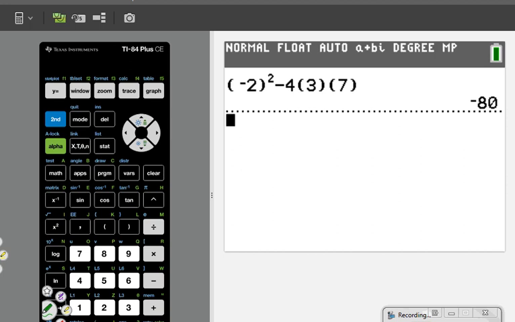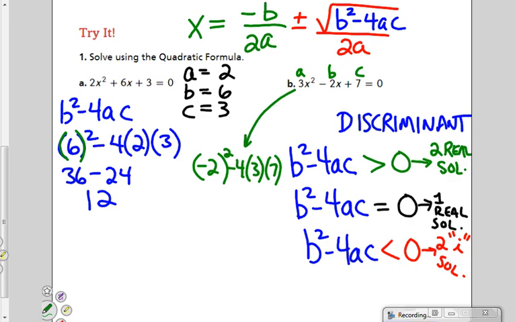Negative 80, okay? So the discriminant is negative 80 for that problem. Therefore, A will have 2 real solutions. B will have 2. I called them imaginary, but technically they're called 2 complex solutions.